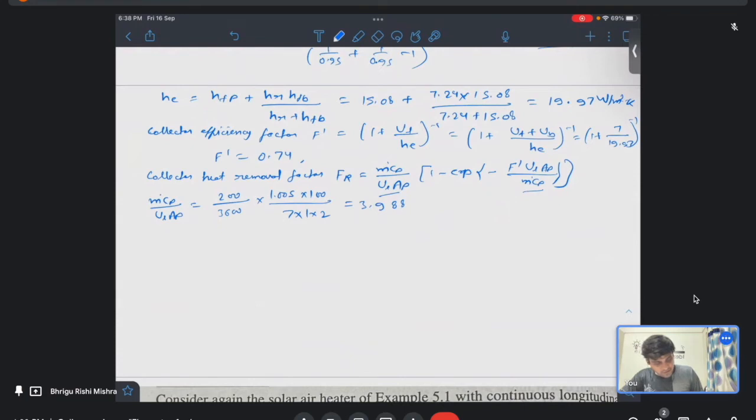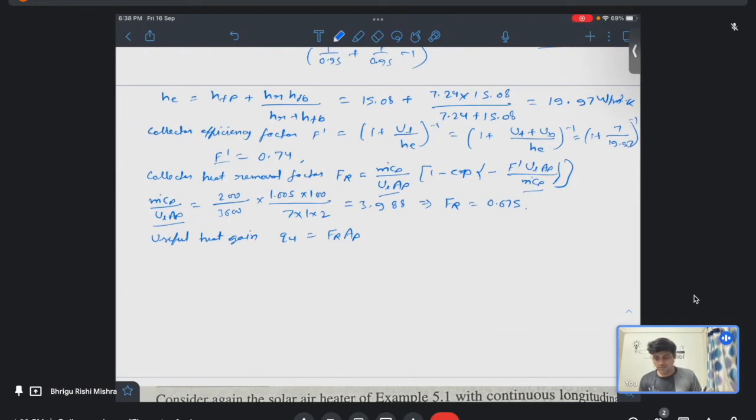Thus, if you put the values of m dot Cp and F dash in FR, you will get FR equals 0.675. From this we can calculate the useful heat gain, QU, and the formula is FR AP. We have already studied this in the flat plate collector session.